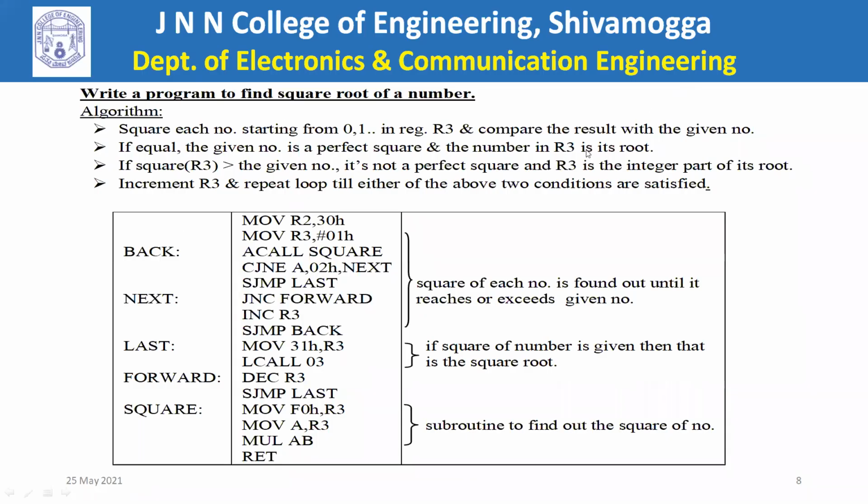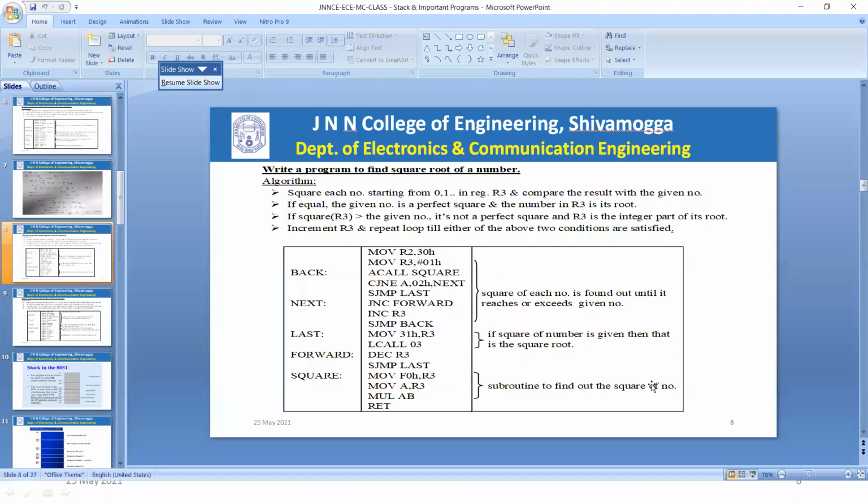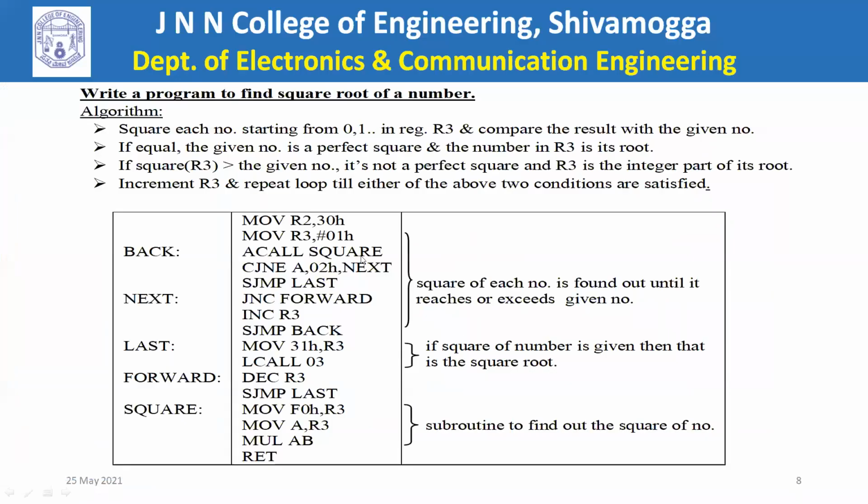So data we have taken in R2. R3 is having 1. A call square. So in square, what you are doing? R3 you are moving to F0. R3 you are moving to A. MUL AB you are doing. F0 is nothing but the B register. R3 to B. So MUL AB.